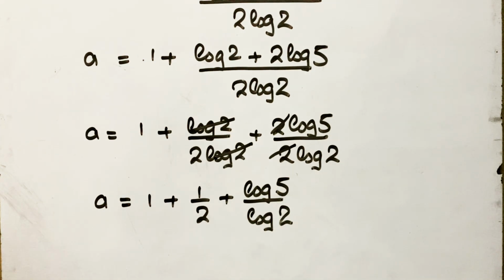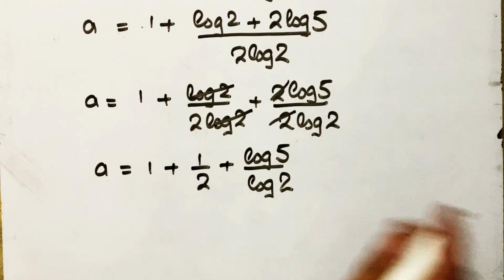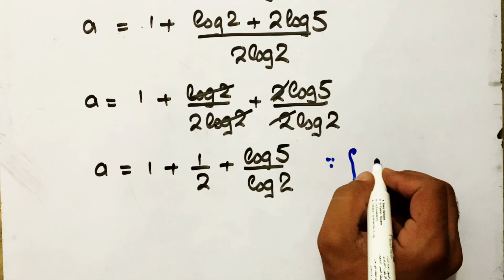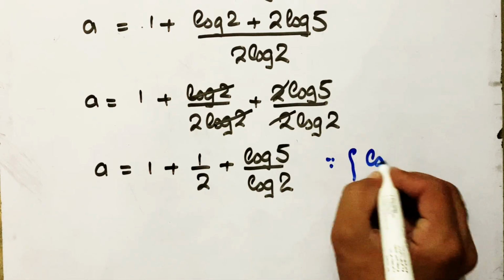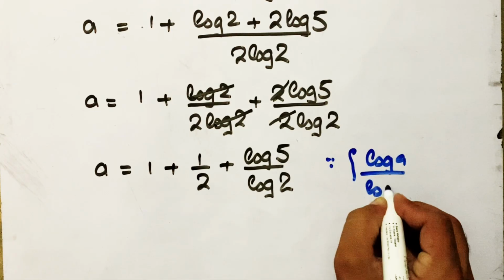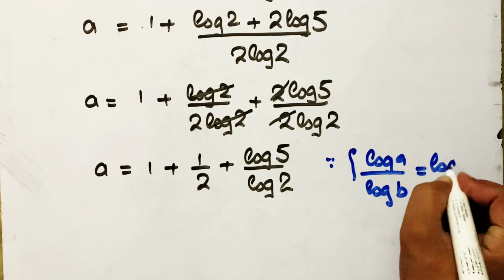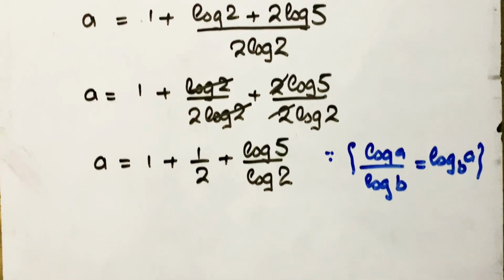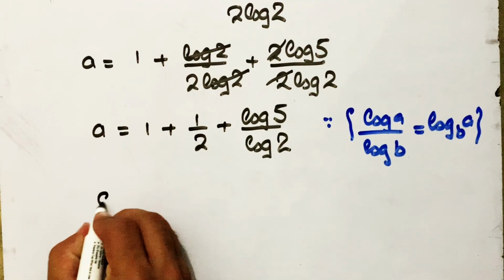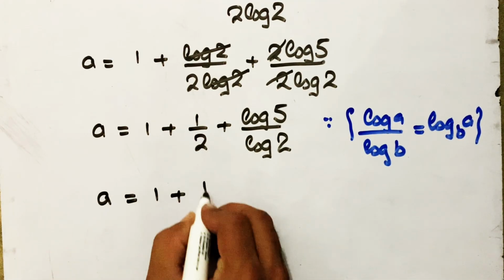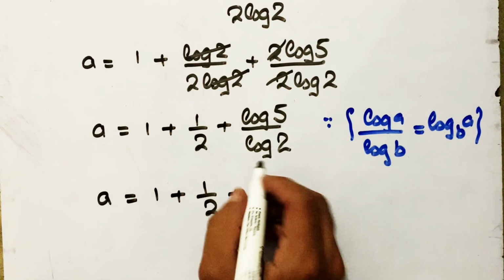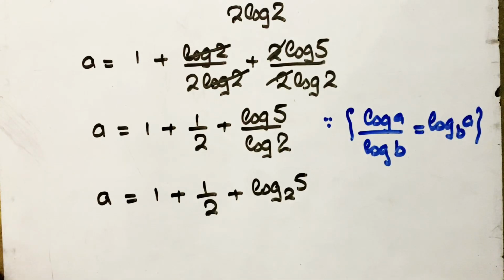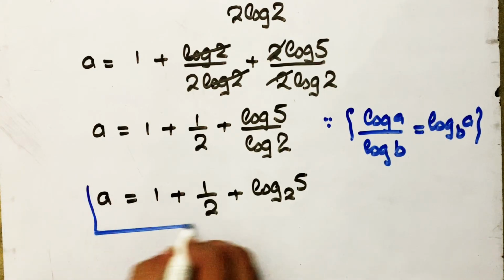I am using the change of base formula: log of a divided by log of b equals log base b of a. So a equals 1 plus 1 by 2 plus log base 2 of 5. That is the final answer.